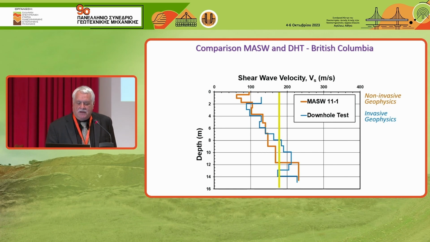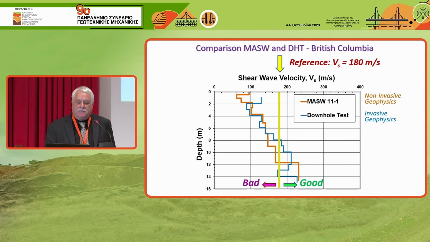I think the steps make it look less agreement than they really are, but they sort of come together, and they're starting at, say, even less than 100 meters per second, which is pretty soft, increasing to about 220 meters per second at depth. And just as a point of reference to remember, if you can remember, Vs equals 180 meters per second. If the value is greater than that, it's good soil. If it's less than that, it's bad.